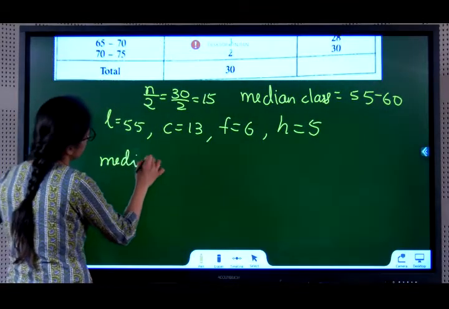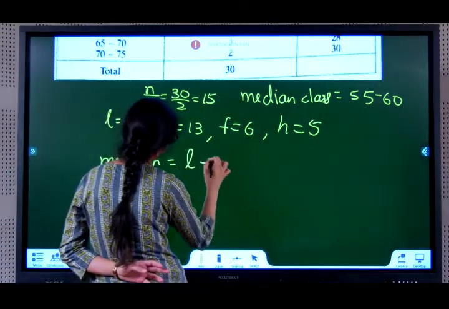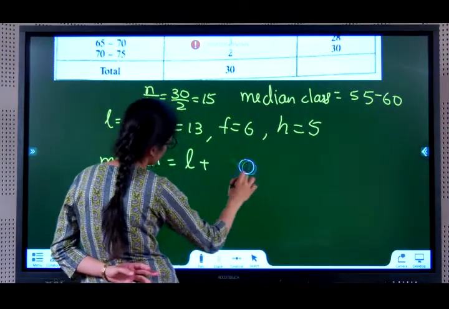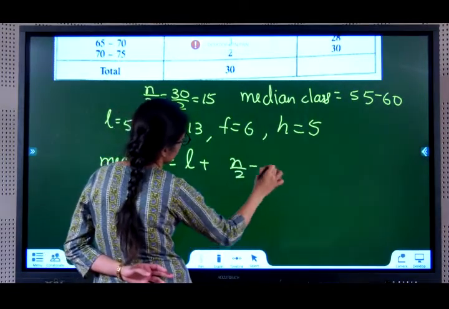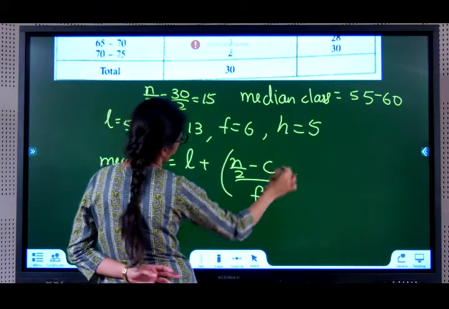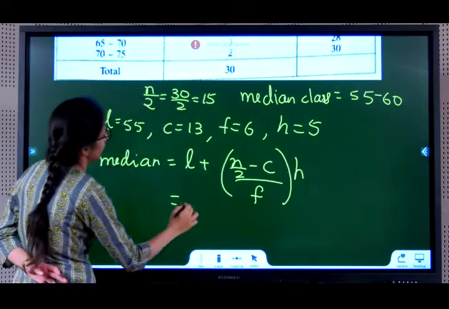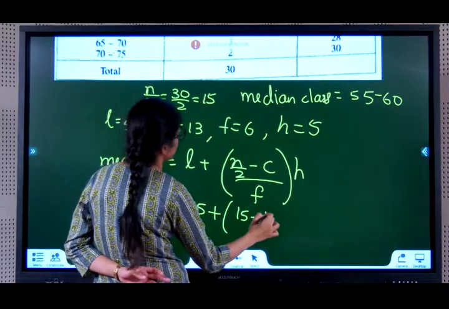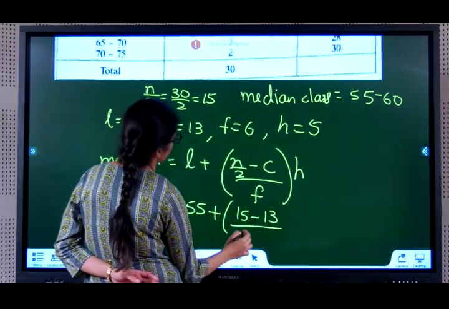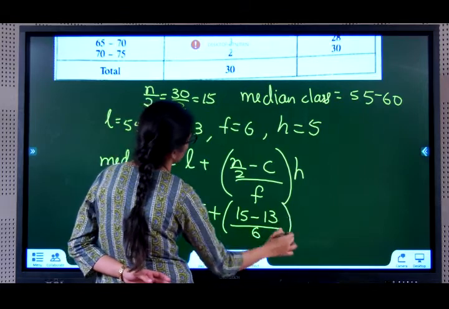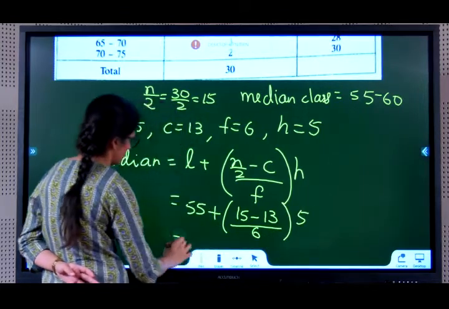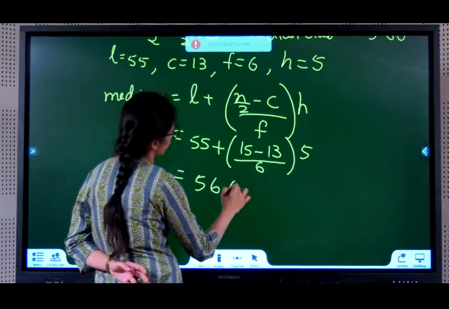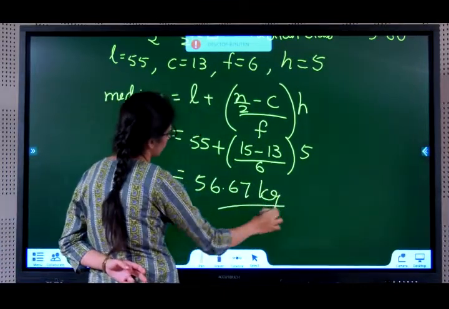Median is given as L plus n by 2 minus C by F into H, right? So L 55 plus n by 2 15 minus C 13 by F 6 into H 5. Solve this and see what we get. We get 56.67 kg.